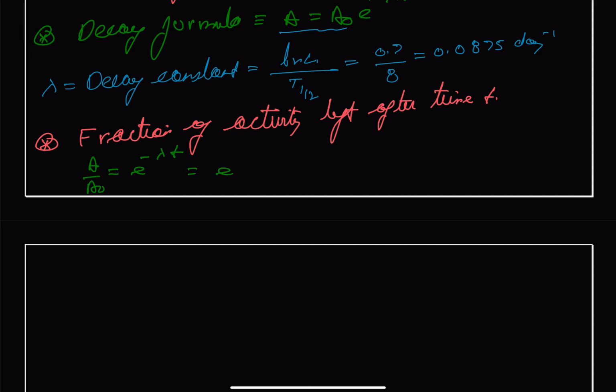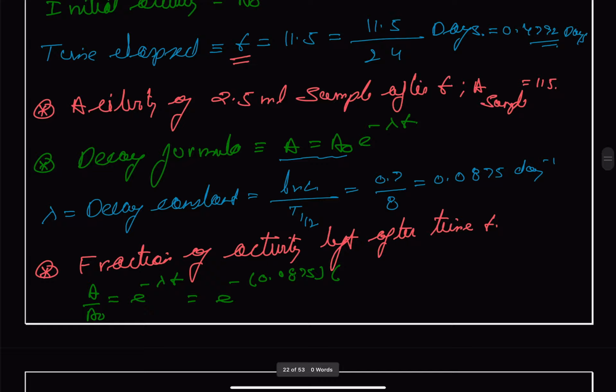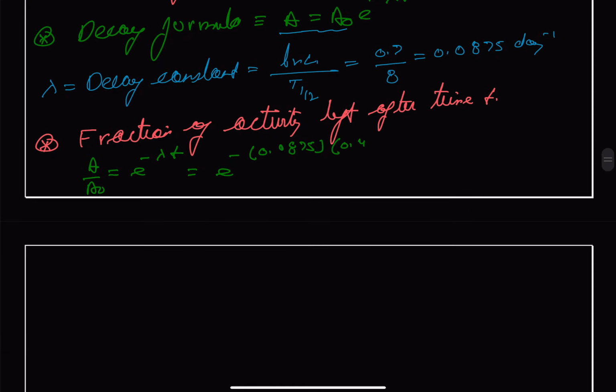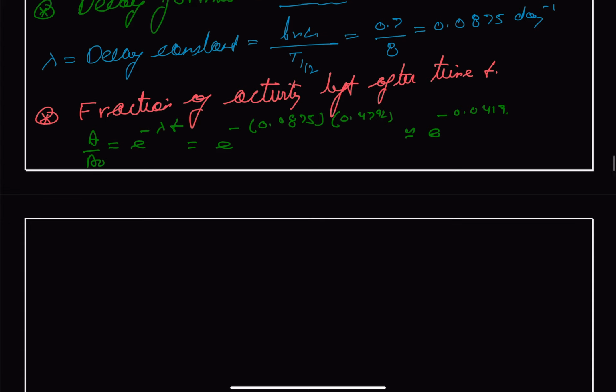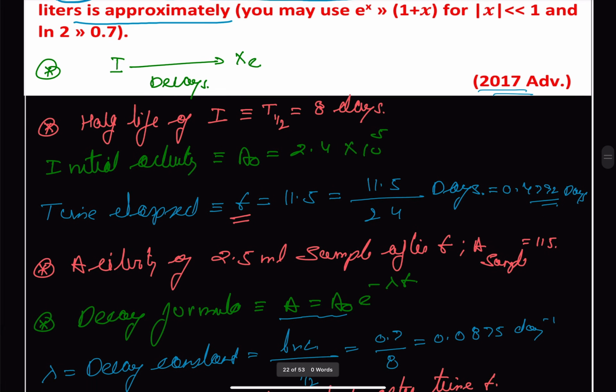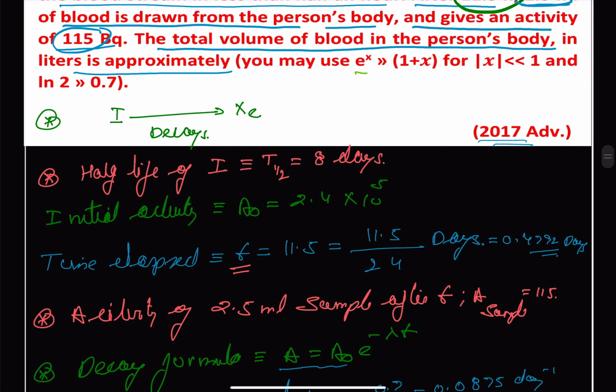So we get e raised to power minus lambda, which is 0.0875, times t, which is 0.4792. This can be approximately written as e raised to power minus 0.0419, and we are given in the question that we can use e to the power x is approximately equal to 1 plus x.